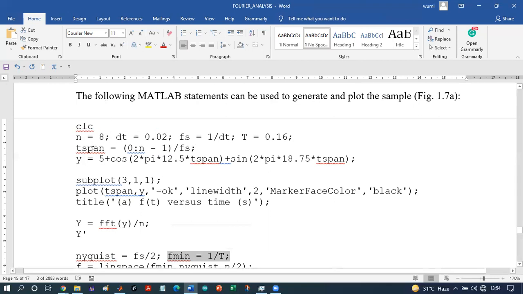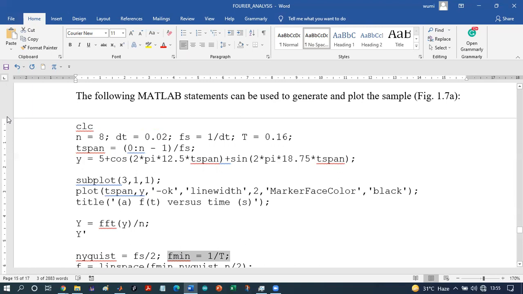And this tspan is to calculate the different time intervals. What this tspan is actually doing is that, remember we want to get, given that this is maybe the signal, the sample interval in the question, 0.02, then 0.04, 0.06, 0.08.